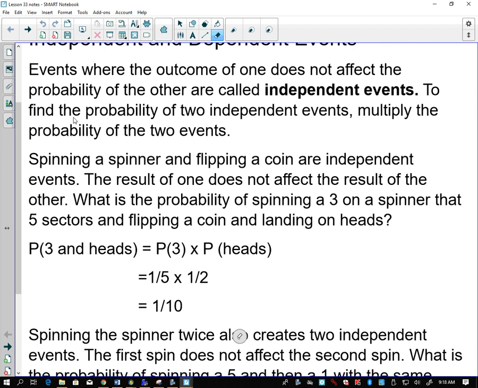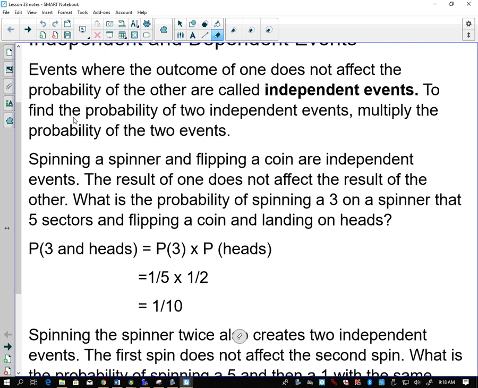And probability is shown as a fraction, right, or a ratio, where we have number of likely over number total. So the probability of getting a 3 on a spinner that has 5 equal segments is 1 out of 5, provided that only one of those segments is a 3.